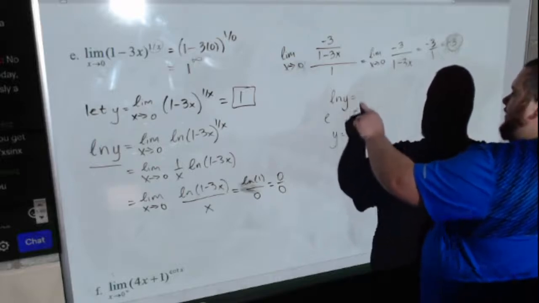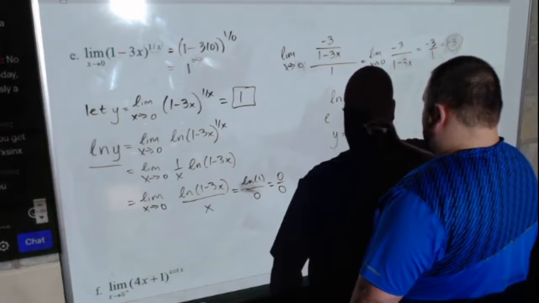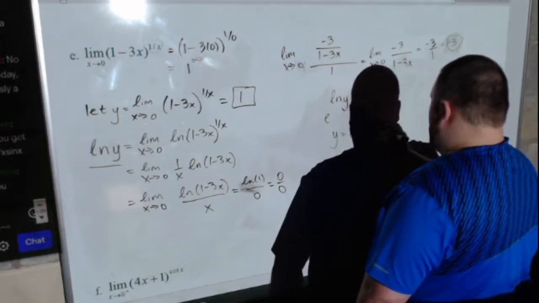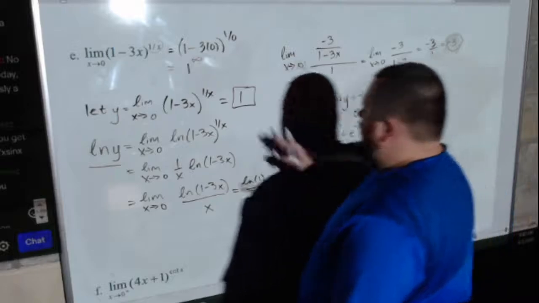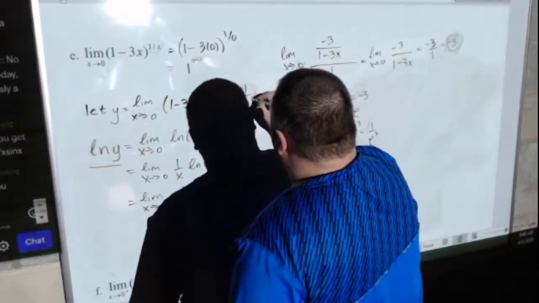So this would equal negative 3. This would be e to the minus 3, or 1 over. And so my final answer would just be 1 over e cubed.